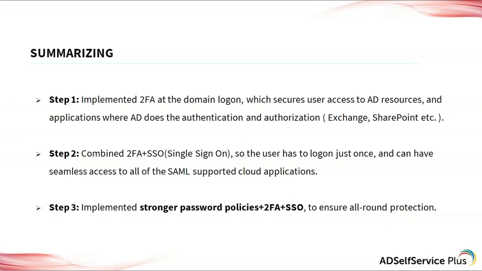And that does not cut the problem. What we need to do for a complete solution is employ stronger passwords. So stronger password policies plus two-factor authentication can give us all-round protection, the security and the control that we need.